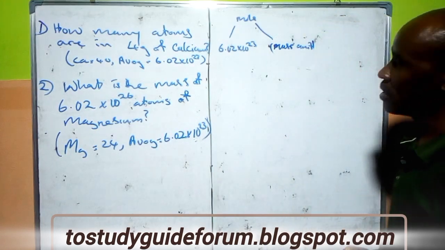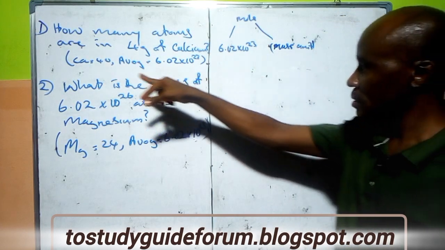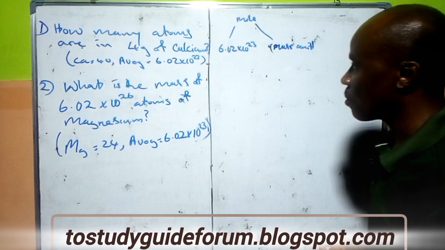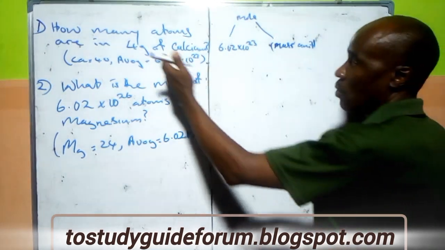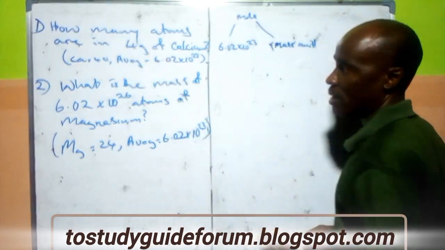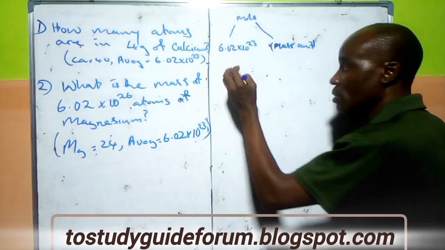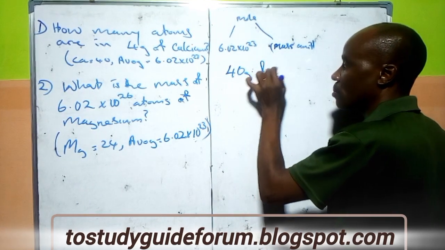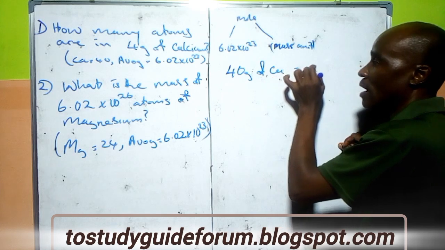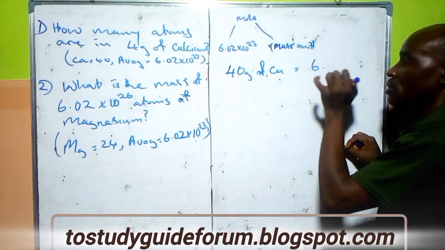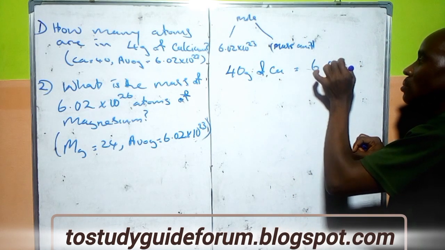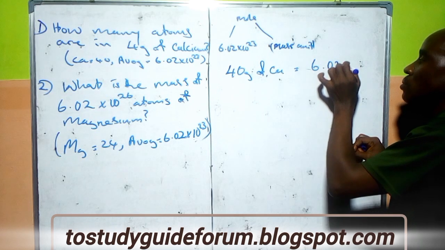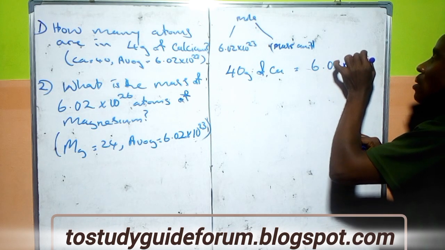So since we know that mass, that 40, we don't know the number of particles that we have in 4 grams, but we know that in 40 grams of calcium, we have 6.02 times 10 raised to the power 23.